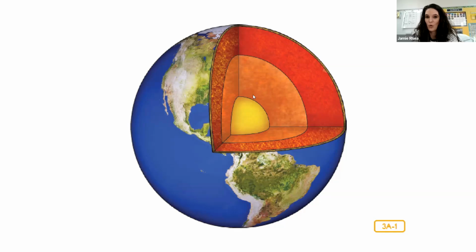And then we have the inner core, okay? We live on the crust, that little tiny thin piece right here, that's where we live. The crust, where geologists look to learn about the history of the Earth. Many layers of rocks found in the crust can teach us about different periods of time in Earth's history.